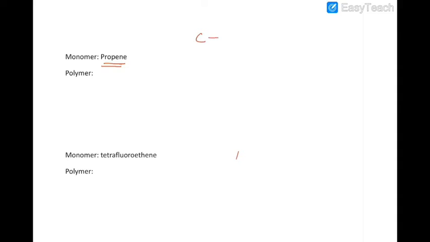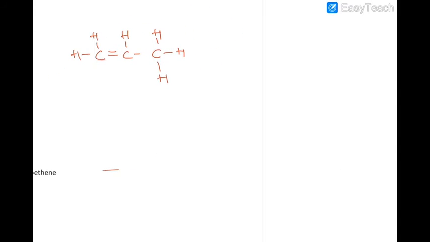The next example is propene. So what I'm going to do, I'm going to draw propene. 1, 2, 3. Double bond. I'm just drawing it as I would normally. Once you draw the molecule, then you can change its orientation so that you have it in this format. So that's the first carbon that I have here.